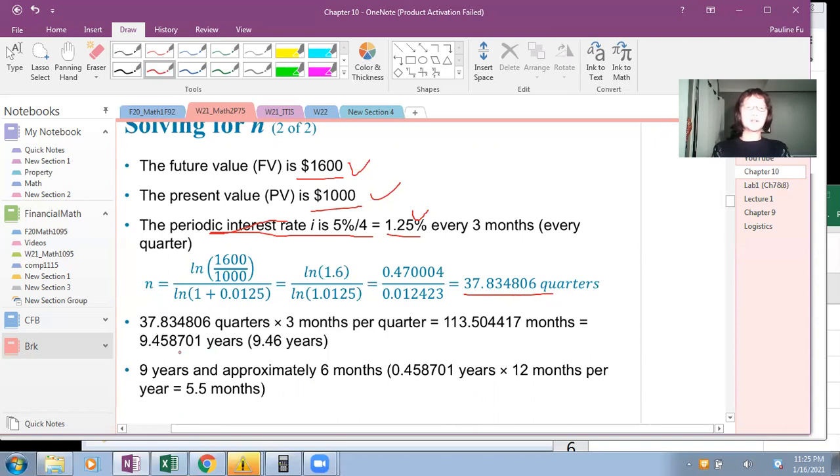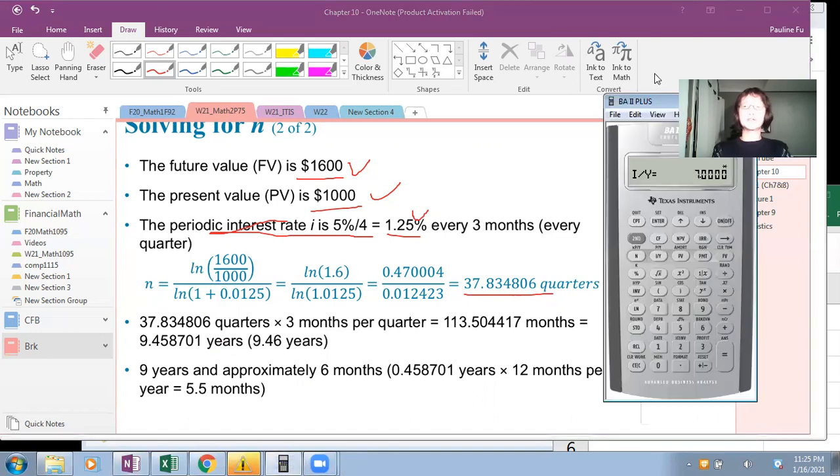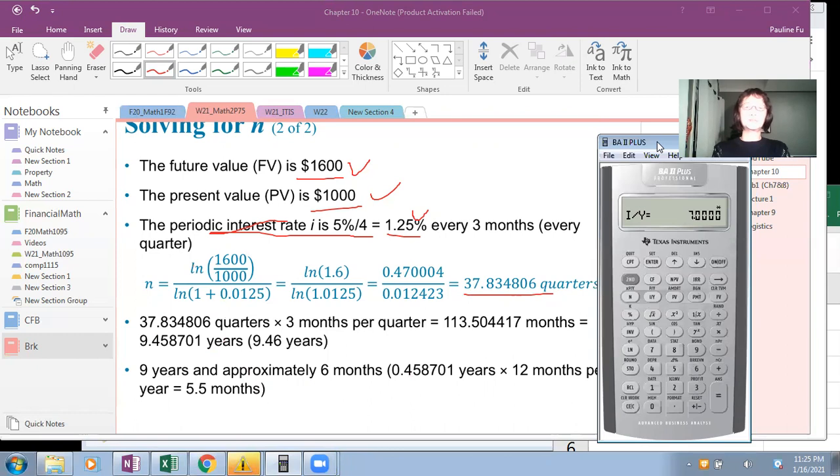How do you do the calculation on ln? On the calculator, the ln is here.